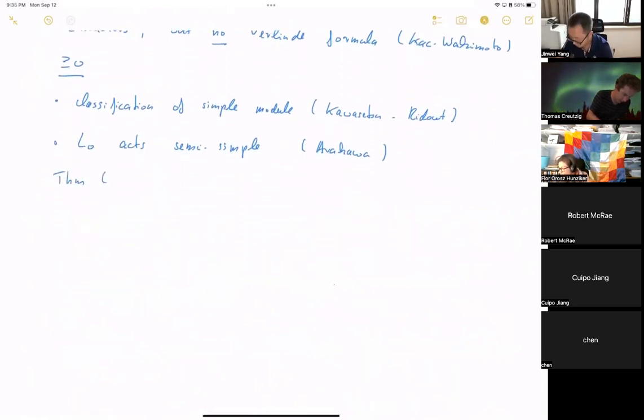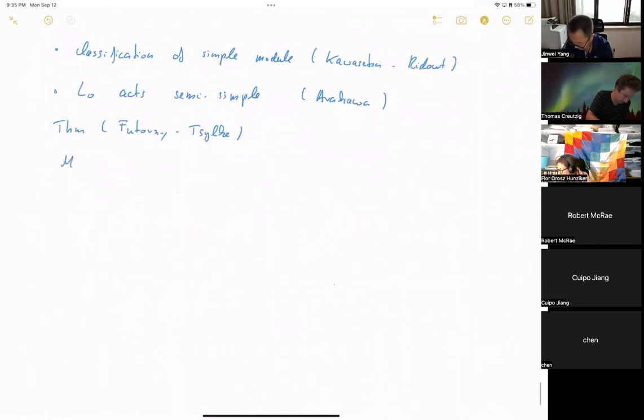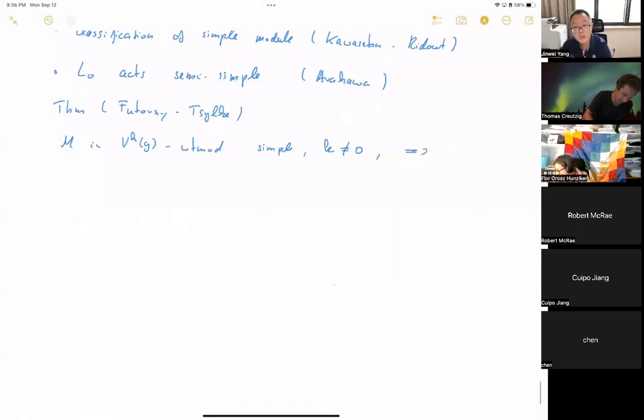One more really good thing is known, and this is a 20-year-old result of Feigin-Tipunin and Schmidt. It's not exactly phrased like I'm phrasing it, but it's a very easy consequence of their theorem. It says the following: if we look at the big category, as long as we look at a simple module, and as long as our level is non-zero, we'll never look at level 0 anyway, then the following is true.